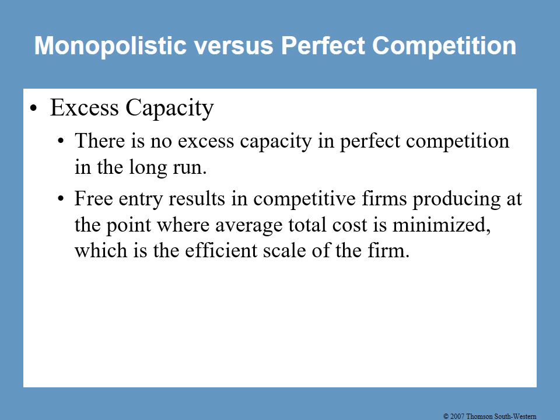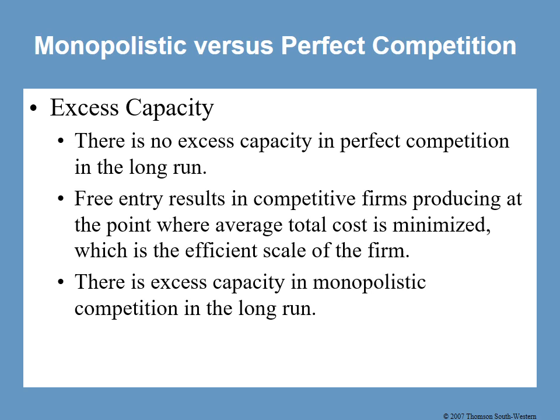This is where the efficient scale to the firm exists. This should not be new to you. This is all review. This is stuff that we talked about when we did perfect competition structures. All right? So there's no excess capacities in perfect competition, and free entry and exit drives everything to being at its efficient scale. That part will not be true with a monopolistic competition market structure, and let's see why.